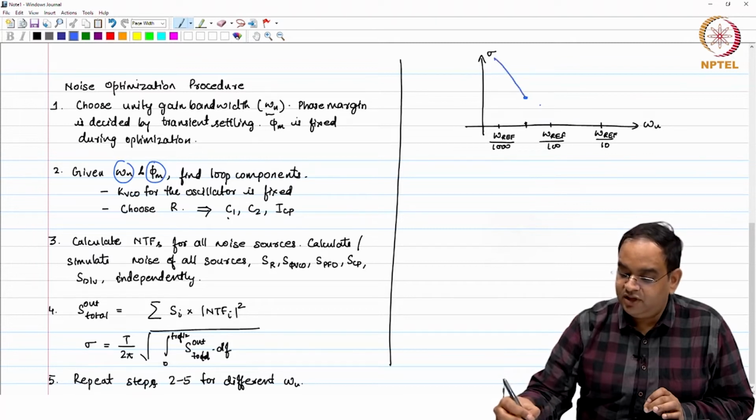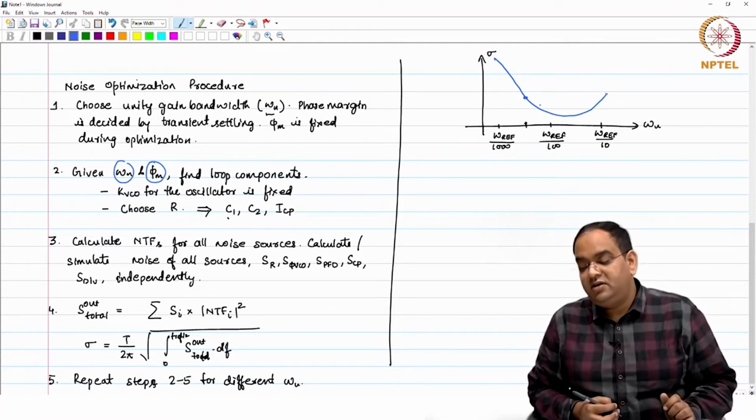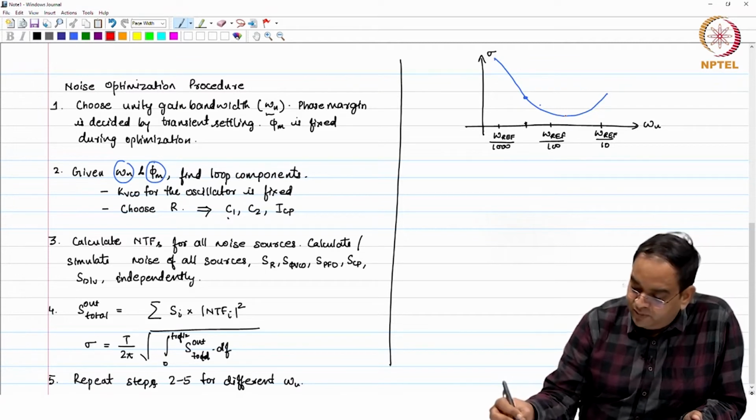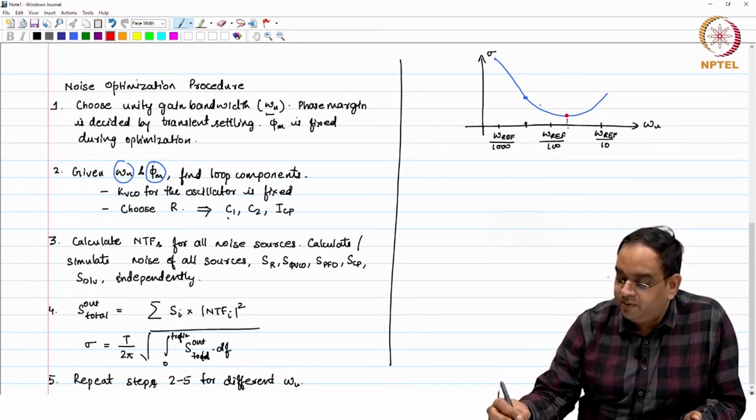The only thing is it may have some peak point, or it may not have that optimum point. The way I have shown you the plot, you see that there exists a point where the noise is optimum.